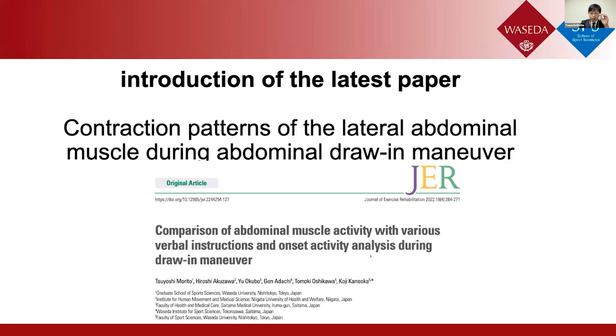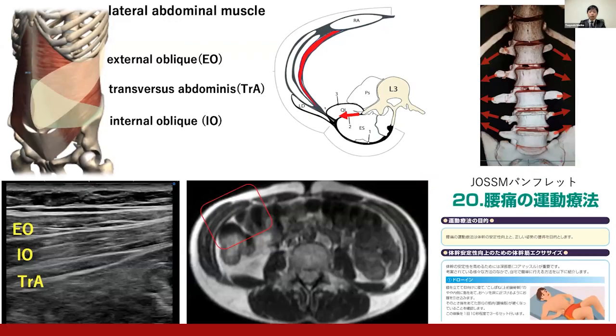Then the next paper: contraction pattern of the lateral abdominal muscle during abdominal drawing maneuver. The lateral abdominal muscles of the trunk include the external and internal oblique muscles, EO and IO, and the transverse abdominis muscle, TRA.